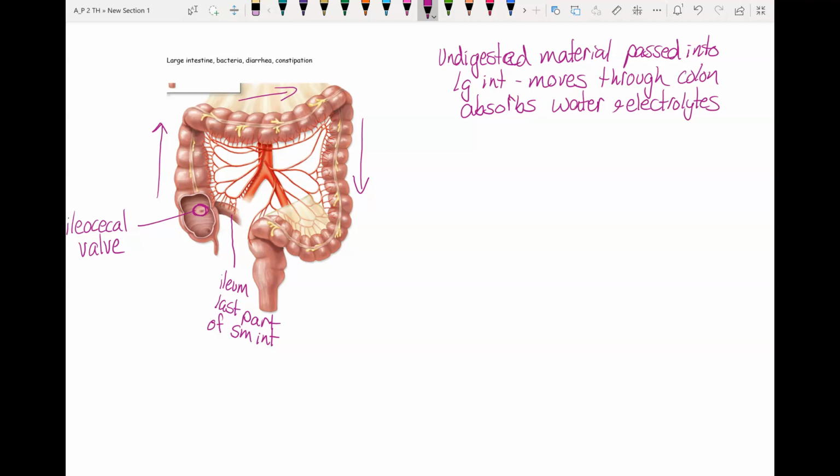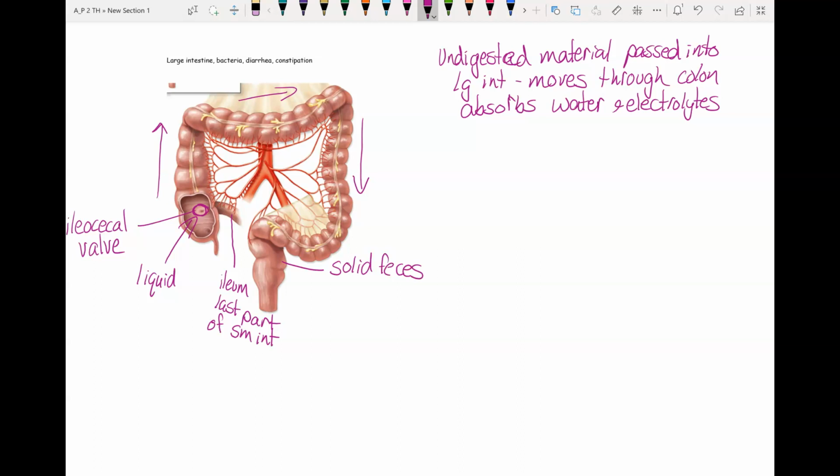So when it enters, it is a liquid. And by the time it gets to the end, it is a solid feces because you're absorbing so much of the water out of it.